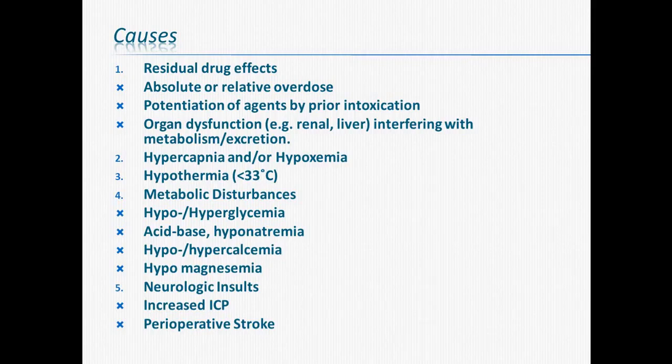Second, hypercapnia and or hypoxemia. Third, hypothermia below 33 degrees centigrade. Fourth, metabolic disturbance, like hyperglycemia, acid-base disturbance, hyponatremia, hypercalcemia, hypomagnesemia. Fifth, neurological insults like increased intracranial pressure and perioperative stroke.